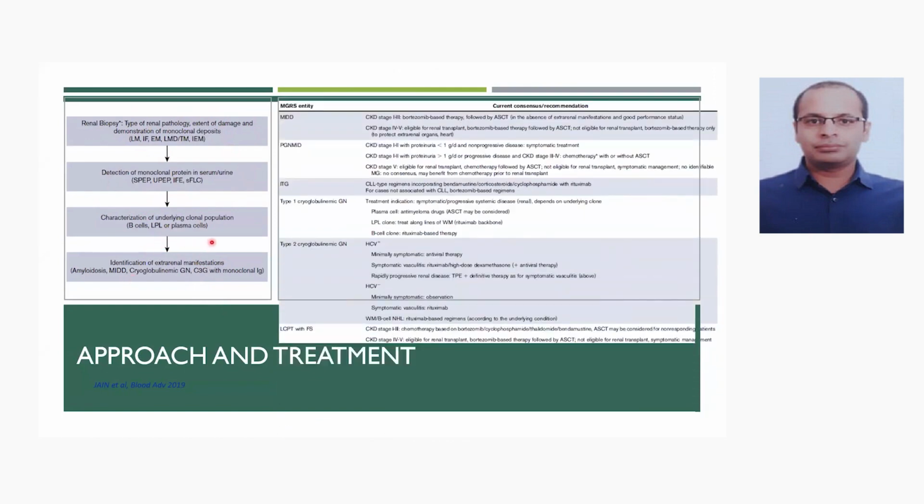And depending on the type, mostly the treatment is directed towards the plasma cell clone if the patient is symptomatic with advanced CKD. For early kidney damage, some of the patients can be given symptomatic treatment. Otherwise, for cryoglobulinemic neuropathy, this is usually directed depending on the clone, whether it is plasma cell or a lymphoplasmacytic clone, and accordingly treatment is given.